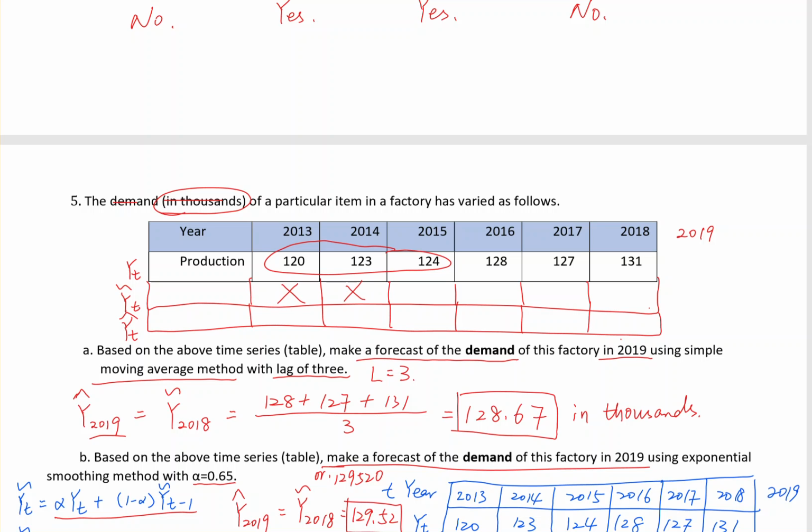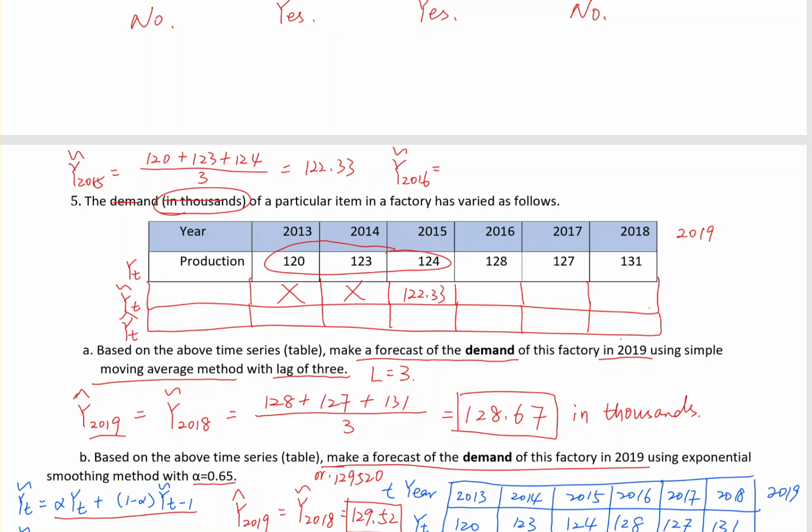So for 2015, it will be 120 plus 123 plus 124 divided by 3. If you calculate this, you will have 122.33.